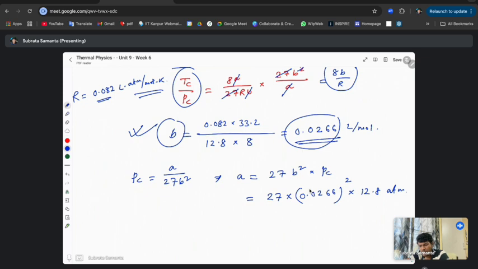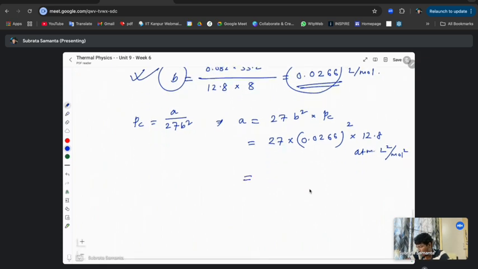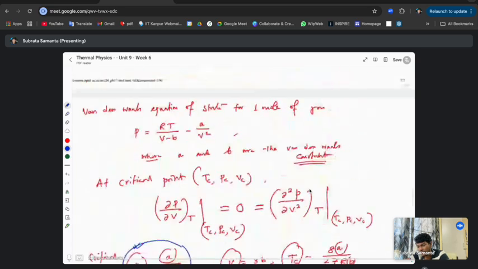The unit is atm, and b square is liter square over mole square. Once you calculate this, we have to check the expression.